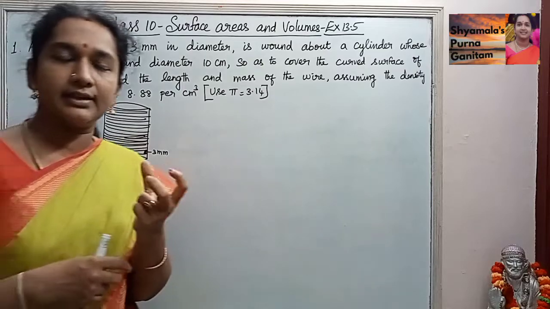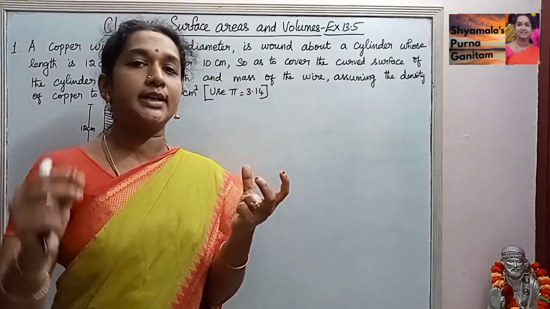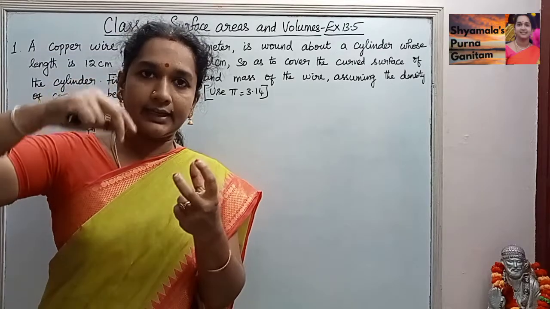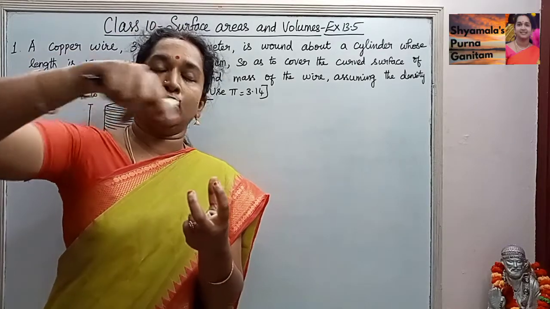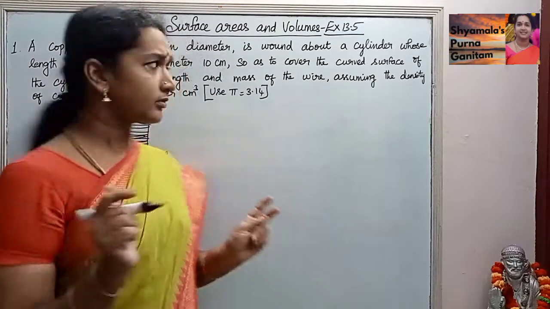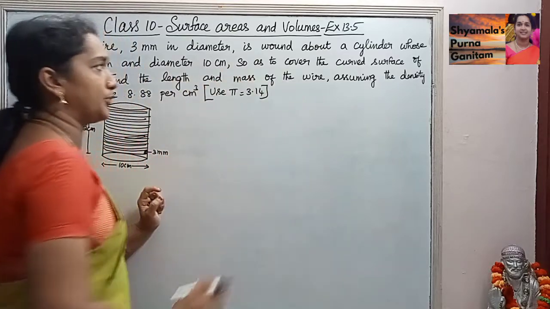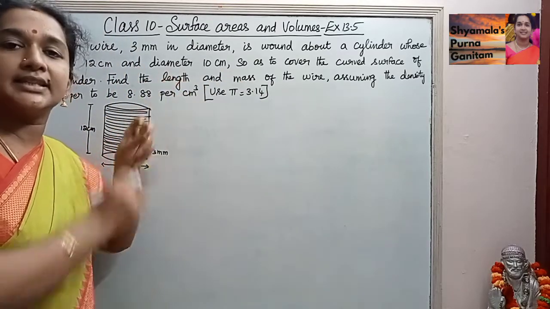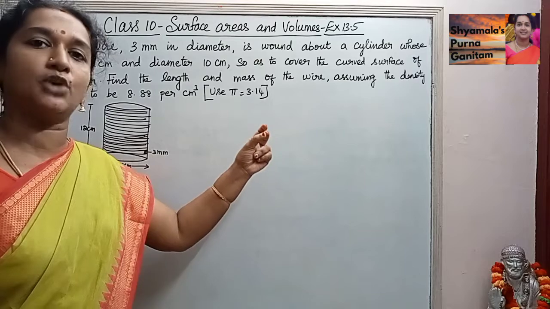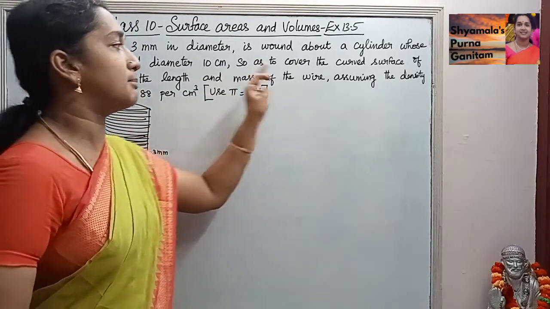So they are taking a copper wire, which is also cylindrical in shape, and rotating it all around the cylinder. We are asked to find the length of the full wire, and then the mass of the wire.